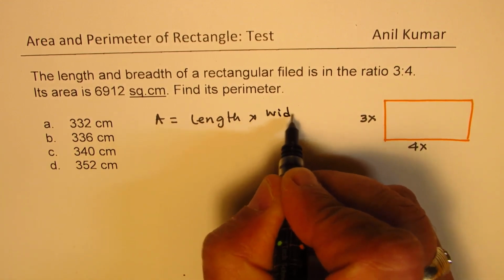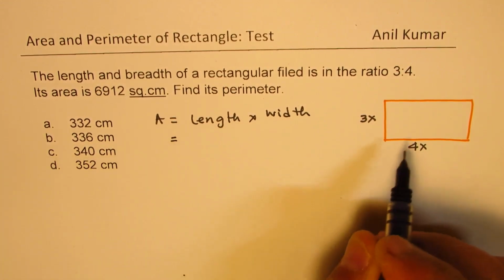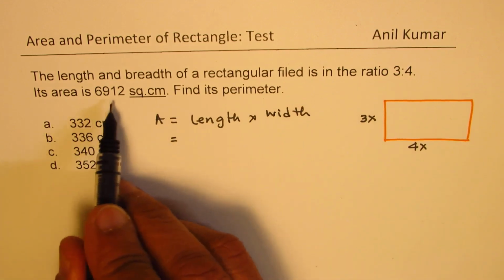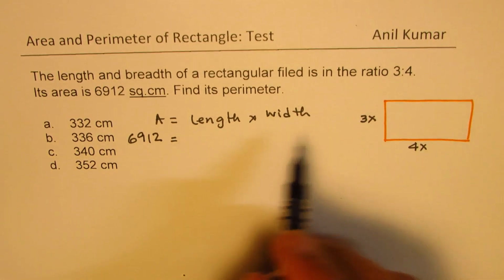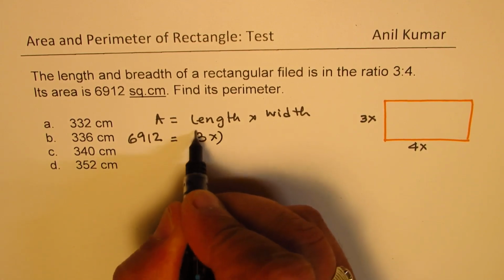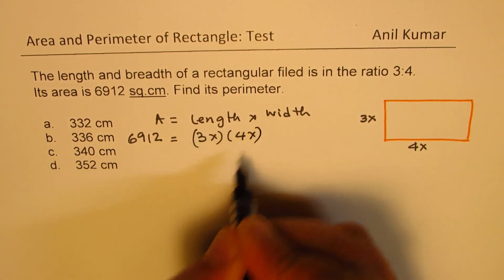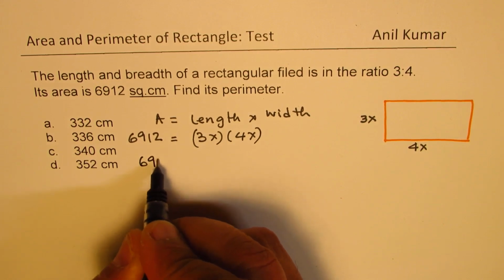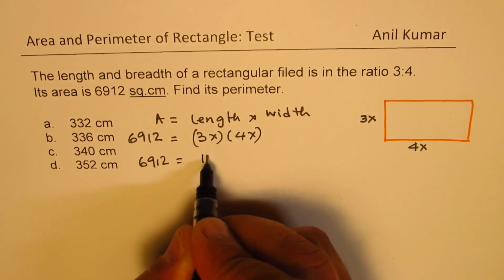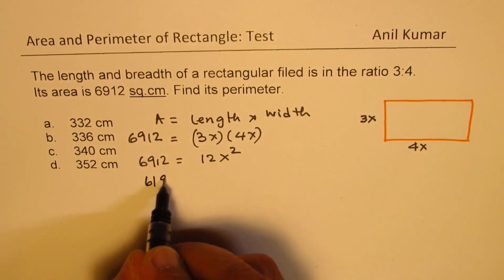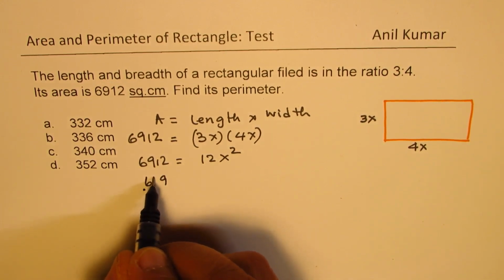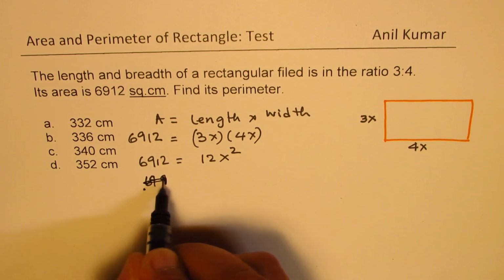Find its perimeter. So area, which is length times width, is given to us as 6912, and it should be equal to 3x times 4x, correct? So we have 6912 equals 12x squared, right?